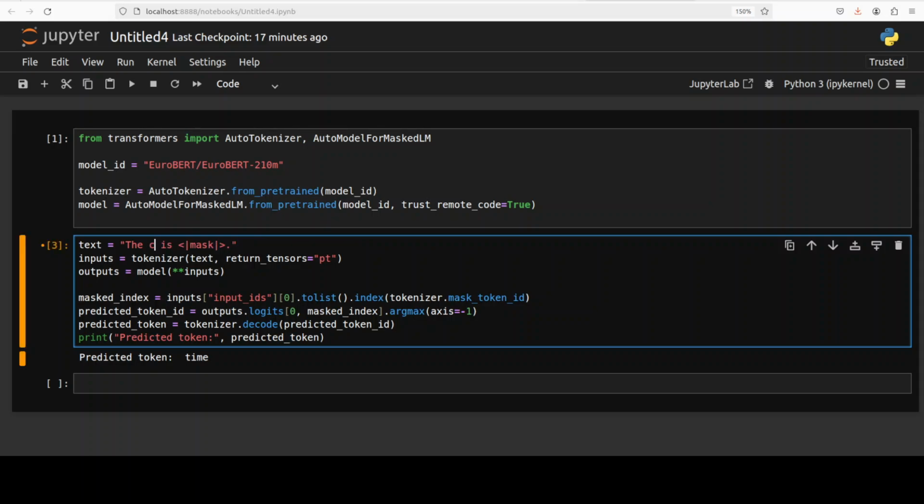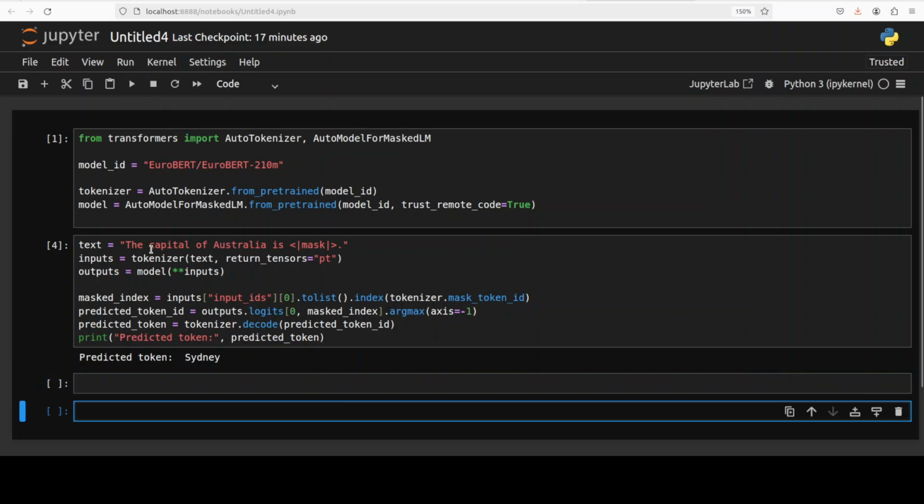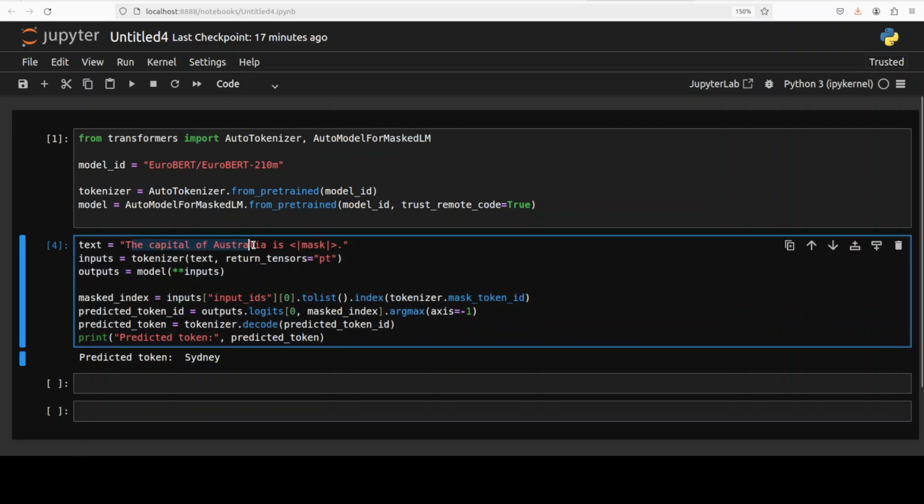We can also say the capital of Australia is, which is totally wrong, by the way. Let me run it again. Because if I say, for example, Canberra is capital of Australia, but it's Canberra, I think there are two R's. Canberra is capital, sorry.